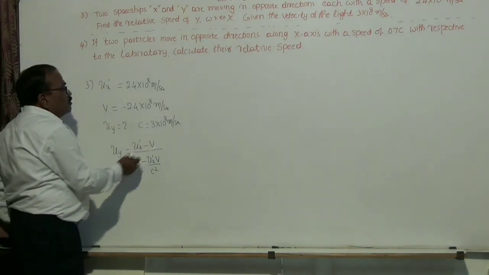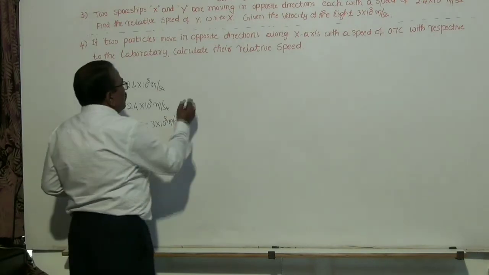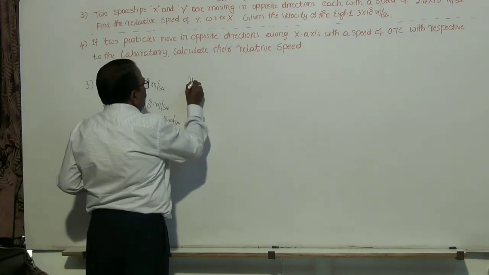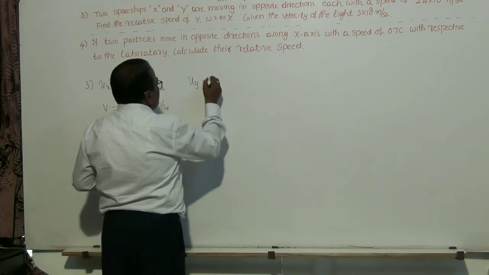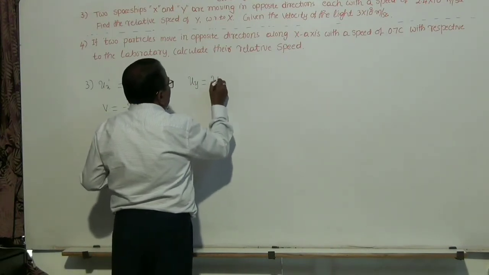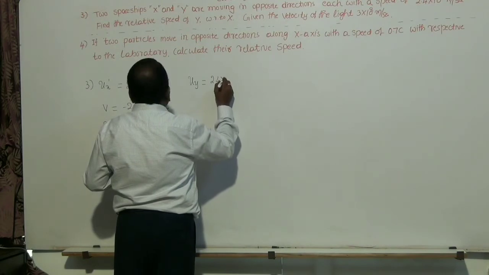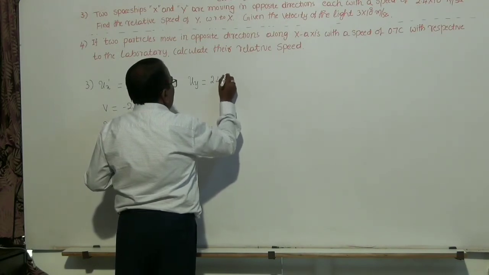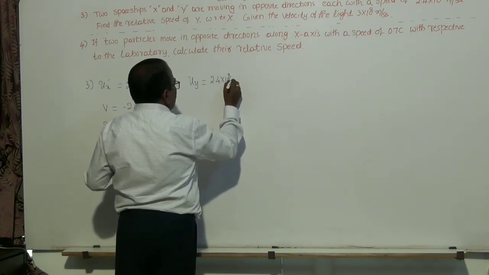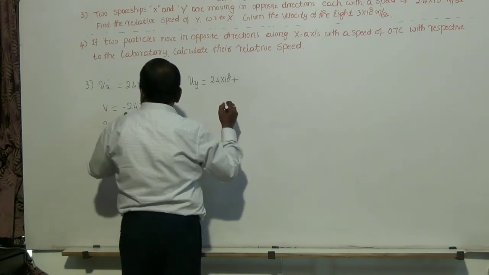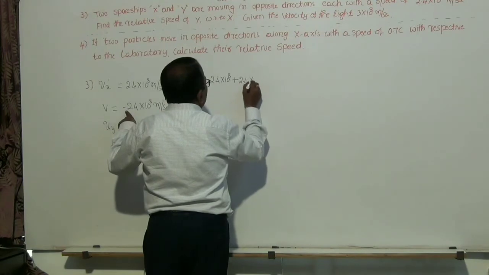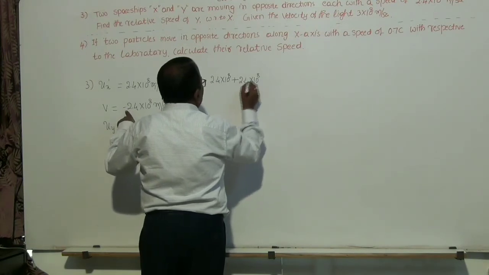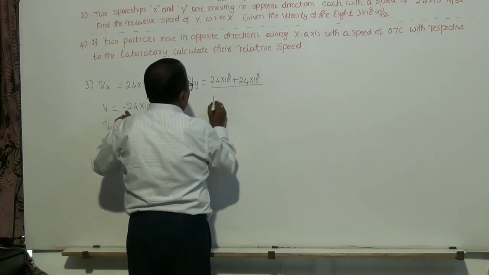Then if you substitute, this becomes uy is, ux dash is 2.4 into 10 raised to 8 meter per second. Minus of minus becomes plus. This is minus. It is 2.4 into 10 raised to 8. That divided by 1.